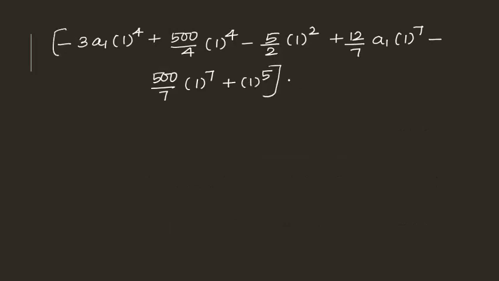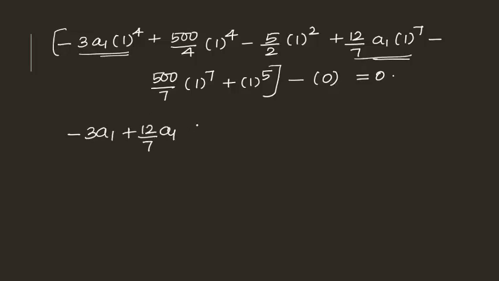While substituting the lower limit, that is 0, all the terms will be 0, is equal to 0. On grouping the a1 terms, minus 3 a1 plus 12 by 7 a1, we can bring all the constant values to the right hand side of the expression.